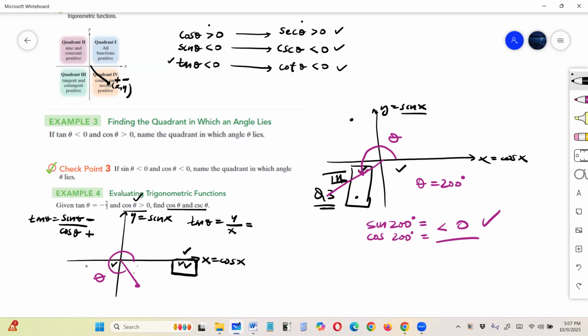Now my point is somewhere right here. Here's the triangle. I'm going to draw just the triangle here.